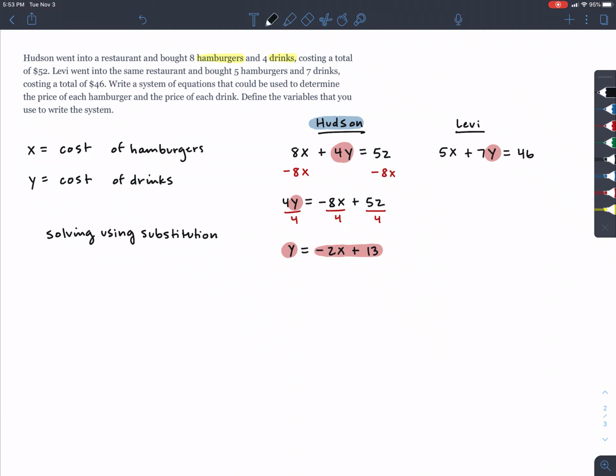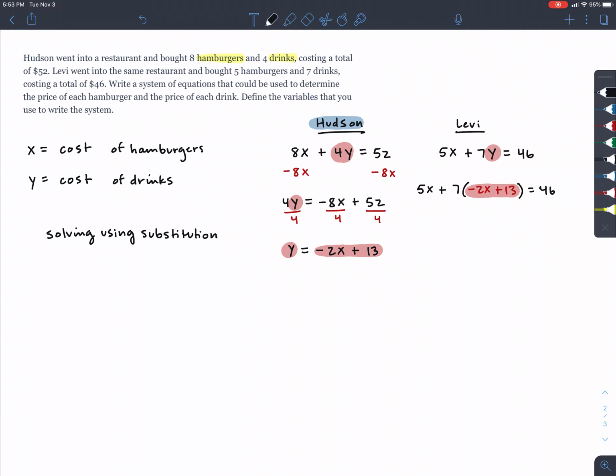So my new equation now becomes 5x plus 7, and I'm going to do this in red, negative 2x plus 13, and that's equal to 46. So here is that process of substitution where I'm replacing one variable to solve for the other.